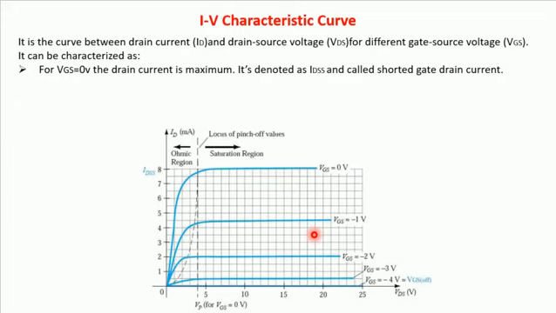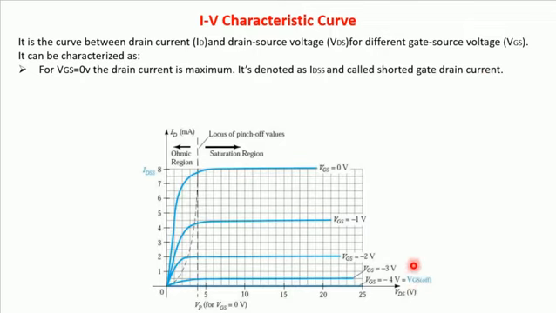So electrons can pass easily, and the drain current ID will be at its maximum, denoted as IDSS, the shorted gate drain current.